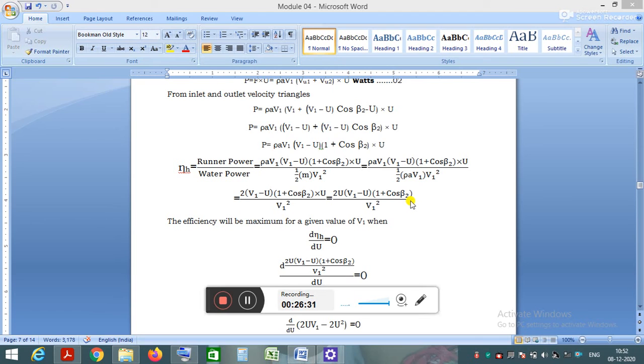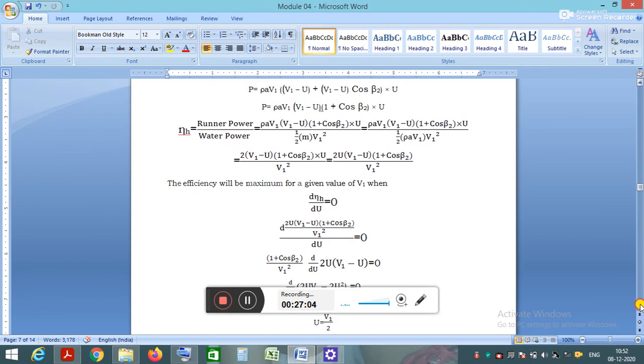We can't vary it. Here the only variable is the blade speed with respect to V1. Therefore, differentiate the equation of hydraulic efficiency with respect to blade speed.